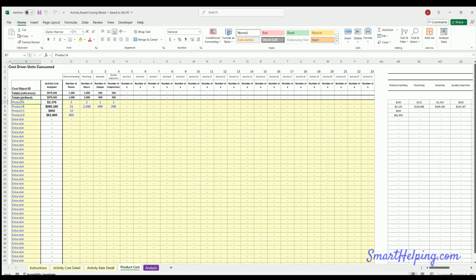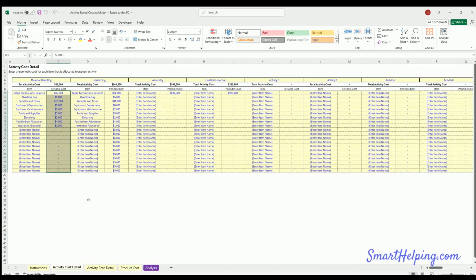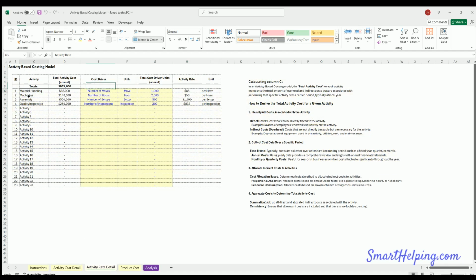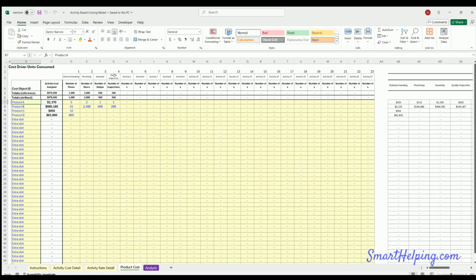And here we say product A, we want to know, and these are all formulas to populate all of these. So if you change the names in yellow at the top, that will change here. The units will drive what's happening in this tab. For the first one, we have number of moves, which is part of material handling.